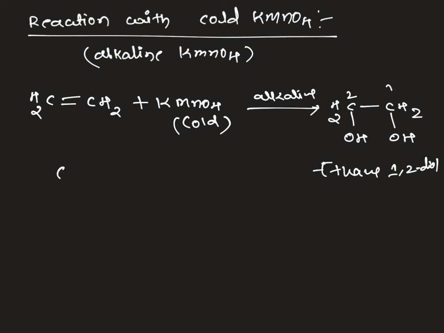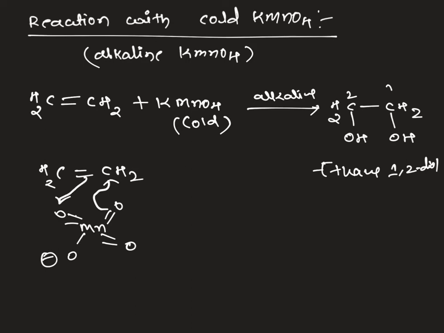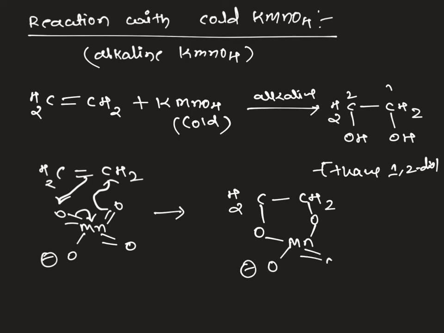First, whenever we add cold alkaline KMnO4, I am writing manganese in this fashion, with O minus. The migration of bonds will take place, and this bond migrates to oxygen, and this is coming back. As a result, it gives a manganese ester, with oxygen attached here.